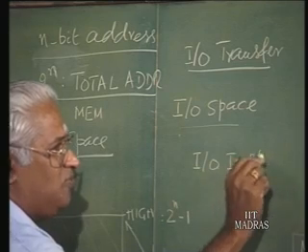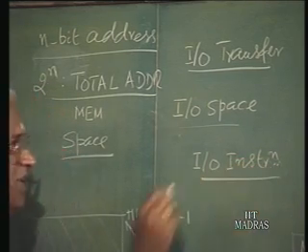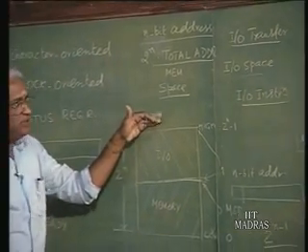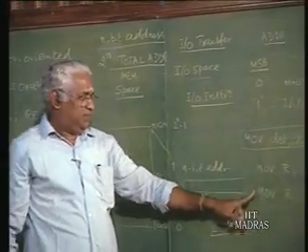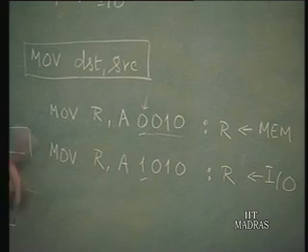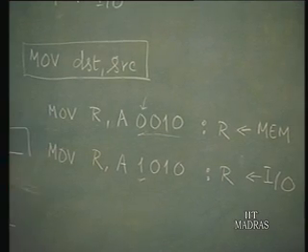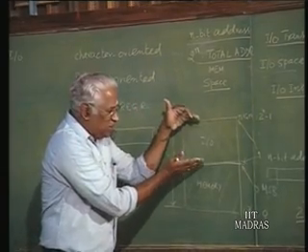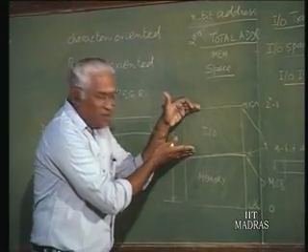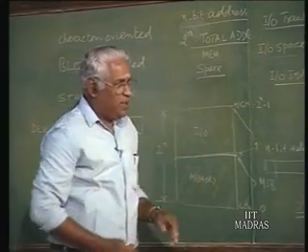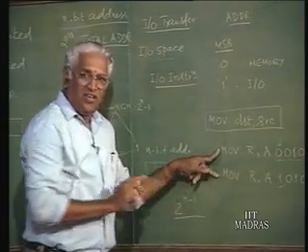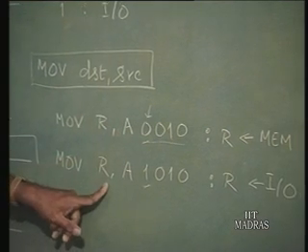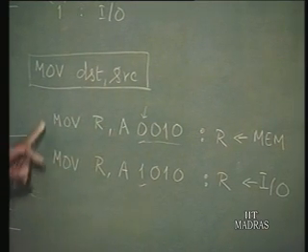I would use separate IO instruction in case I use the entire address space for memory, whereas here I do not need a separate IO instruction. So, this particular scheme in which the address space is divided and IO space is mapped into the memory space permits me to use a memory referencing instruction itself either for memory referencing or for IO referencing. I do not have to change the instruction.